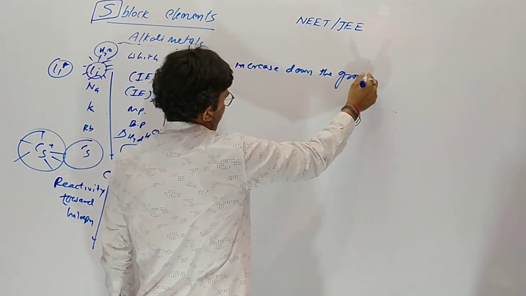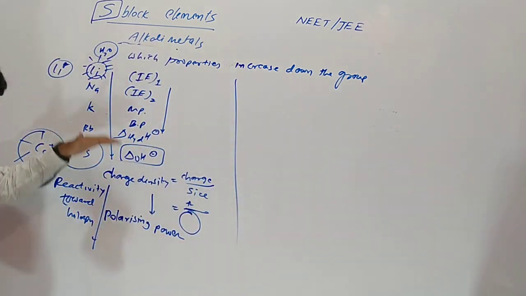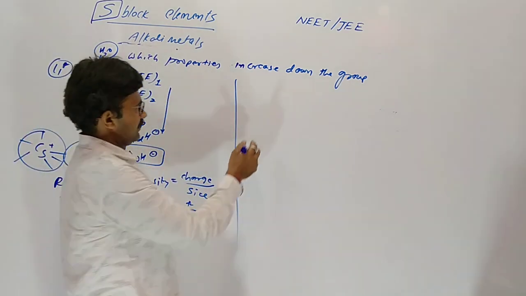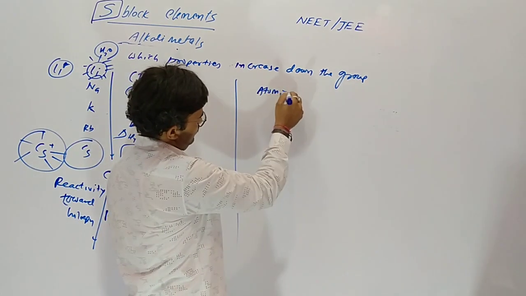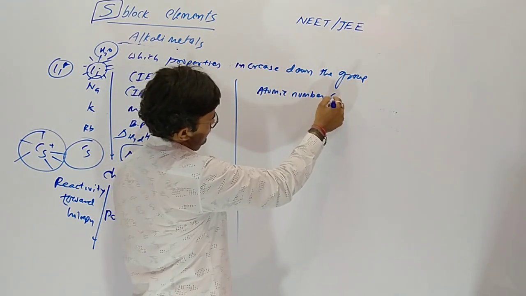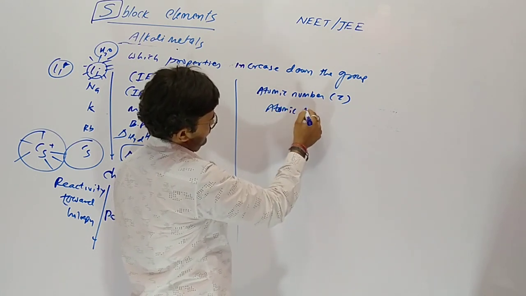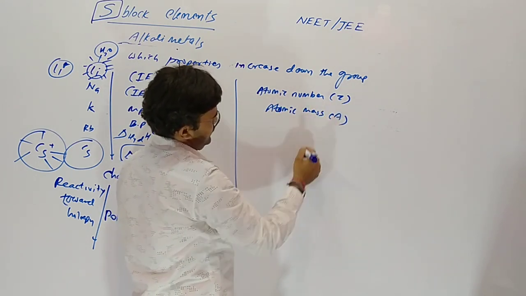These were decreasing trends. Atomic number increases. Atomic mass increases.